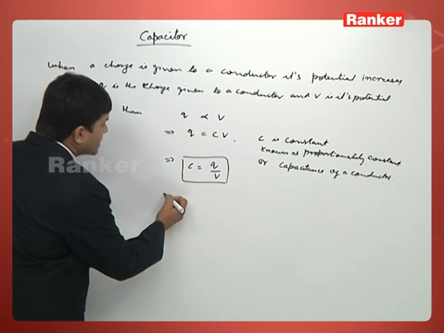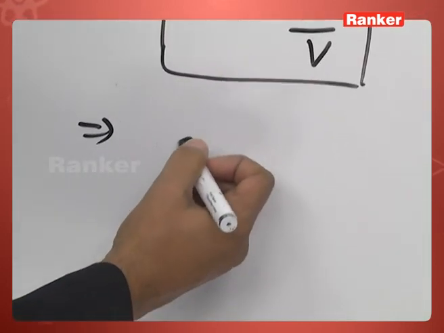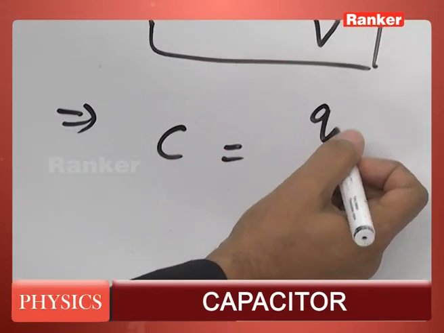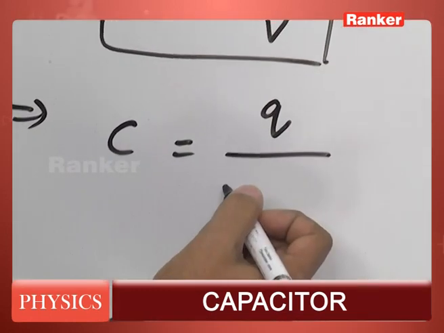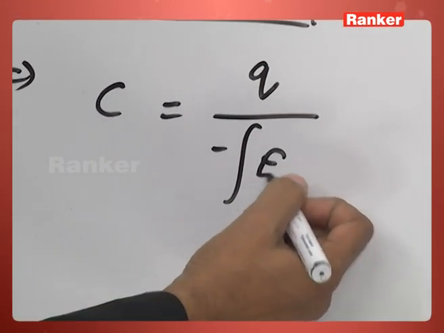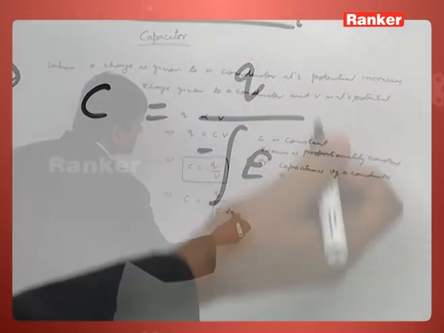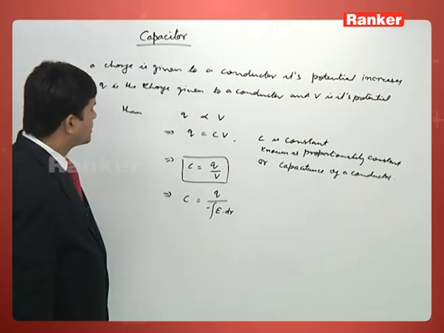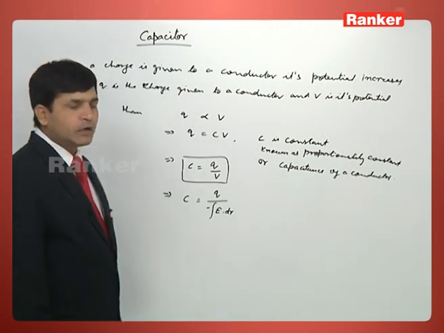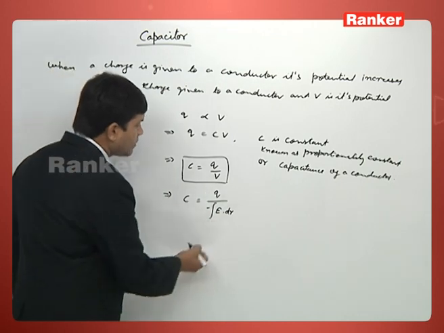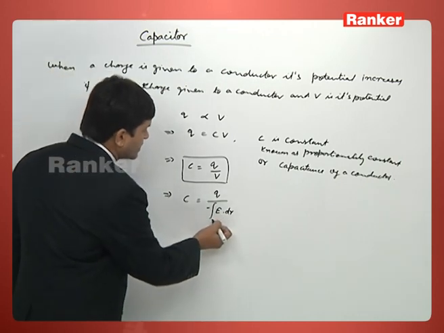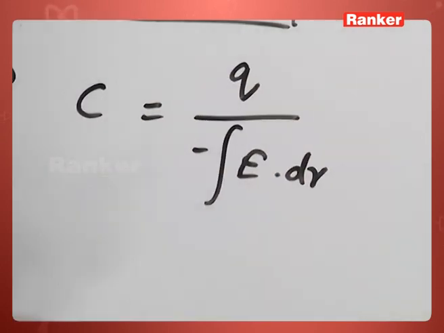So this can be written in another form: C is equal to Q by V, and as we studied in the previous chapter, V can be written as minus integral of E dot dr, from the surface to infinity.